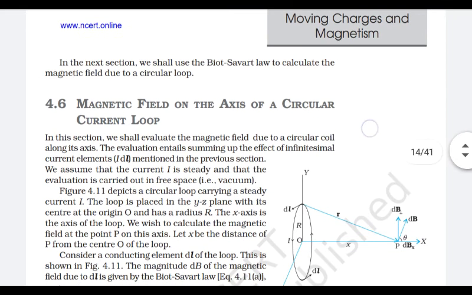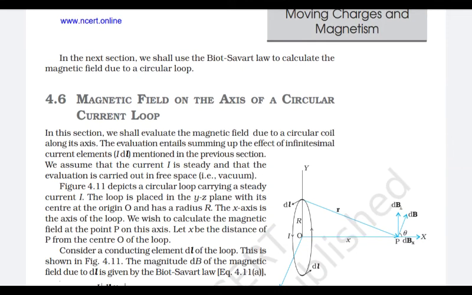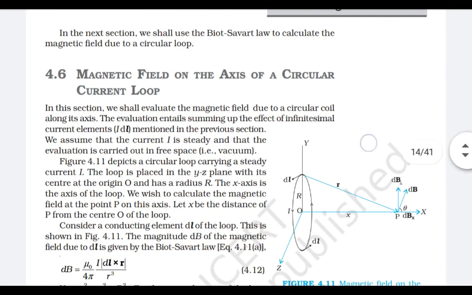But here we have a long straight conductor of finite length, and we want the magnetic field at point P. The book goes directly to the circular current loop, but before that we have to study the magnetic field due to a long straight conductor carrying current.